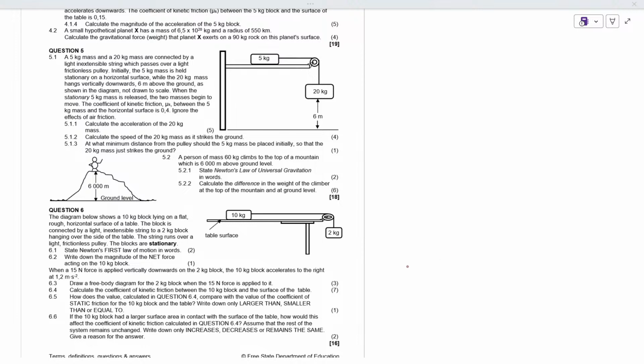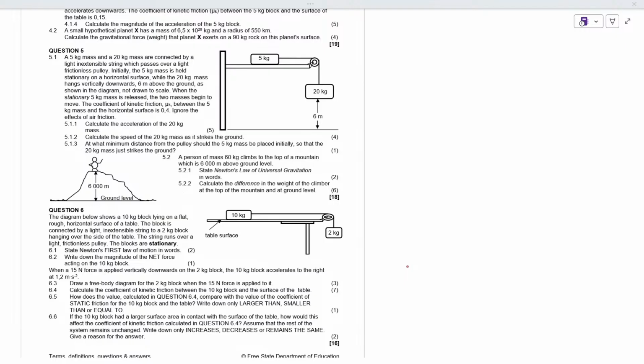So now, a conservative force is a force that, regardless of the path taken, will still have the same magnitude. But non-conservative forces depend on the path taken. Conservative forces are forces in which the work done in moving an object between 2 points is independent of the path taken, regardless of whether the path is long or short, the value is the same.